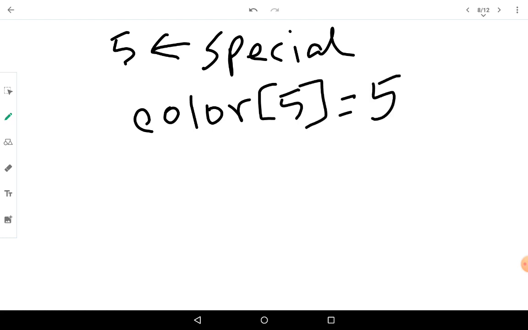Now 5 will try to color all other non-special nodes with its own color, which is 5, and it will be able to color a node only if that node has the shortest distance from 5 among all possible special nodes. So let's just say something like this.